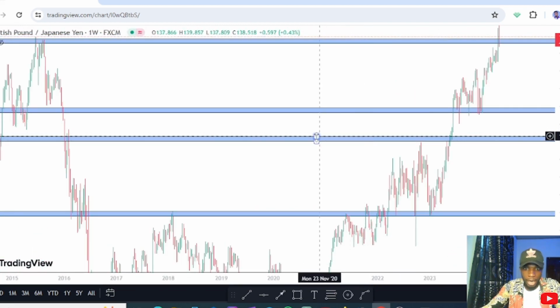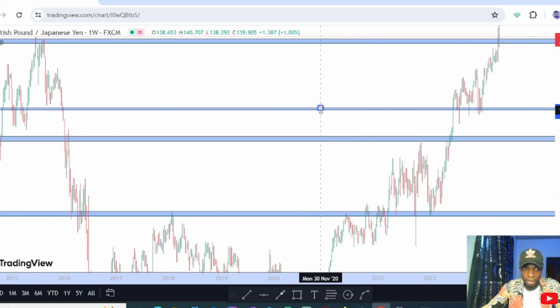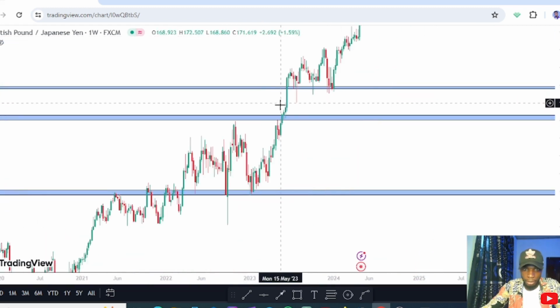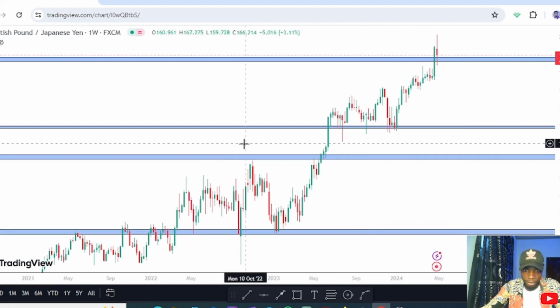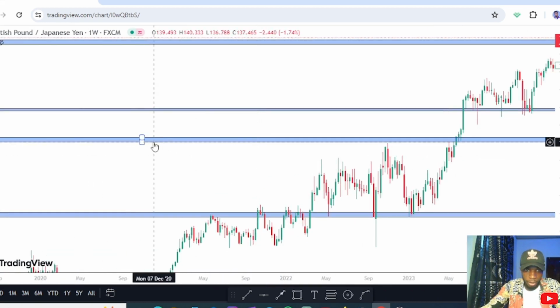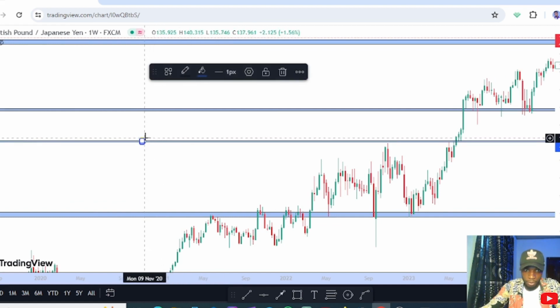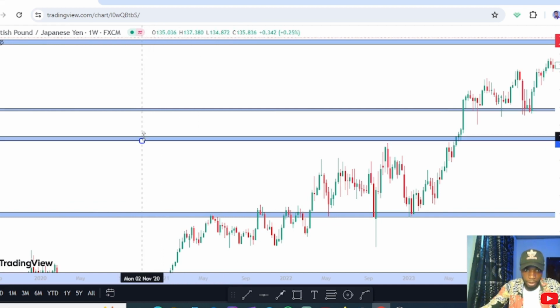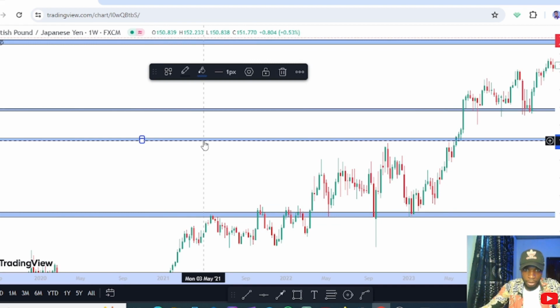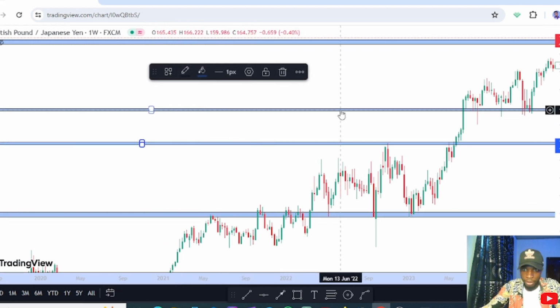Voila. Make it a bit thin. Remember, you want to make them a bit thinner because when you scale down lower, they tend to be bigger on the lower time frame, and trust me.